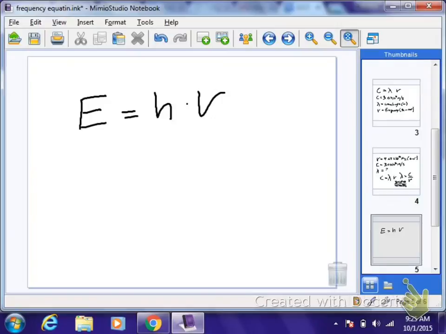Okay? Or we could represent this in another way, associated with wavelength. Energy equals H times C over wavelength. And I'll talk to you a little bit about those two.